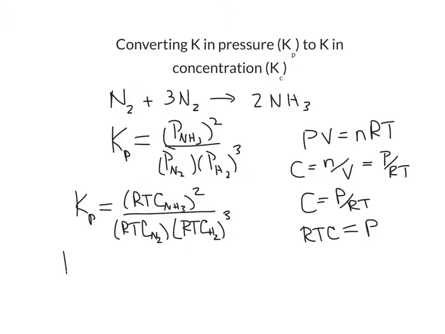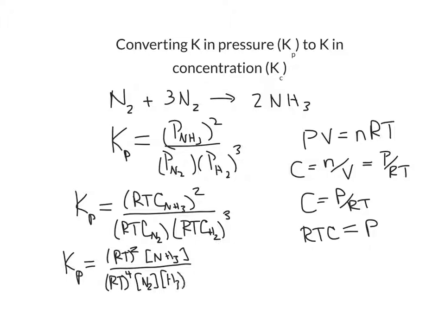So I can rearrange this expression to get all my RT terms together. And so I can write that Kp is equal to RT squared times the concentration of ammonia squared, divided by, I have an RT term here and I have 3 RT terms here, and so I'm going to have RT to the 4th times the concentration of nitrogen times the concentration of hydrogen cubed.